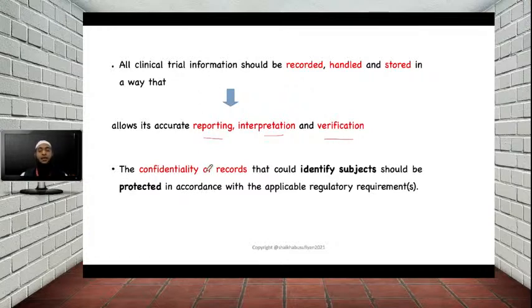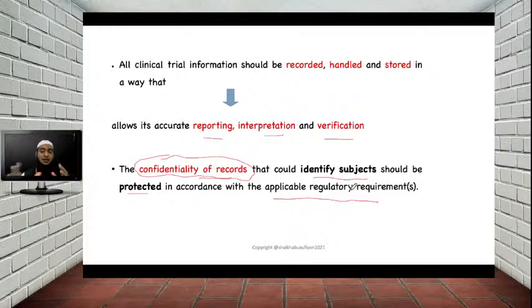Then the confidentiality of the record, which is another ethical principle that you need to follow. For all the records, the confidentiality must be maintained. So the confidentiality of the records that could identify the subject should be protected in accordance with the applicable regulatory requirement. You should not disclose the identity of the subjects who are involved in the clinical trials, right?